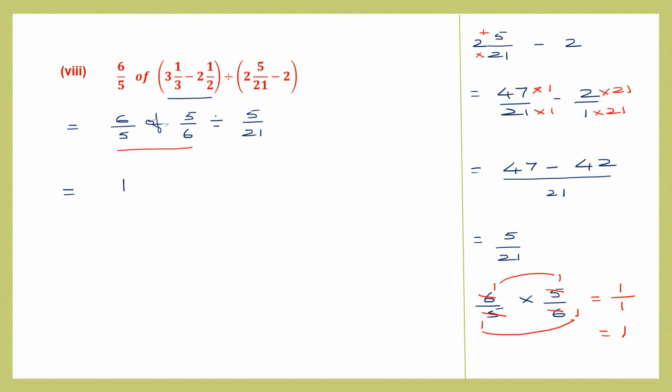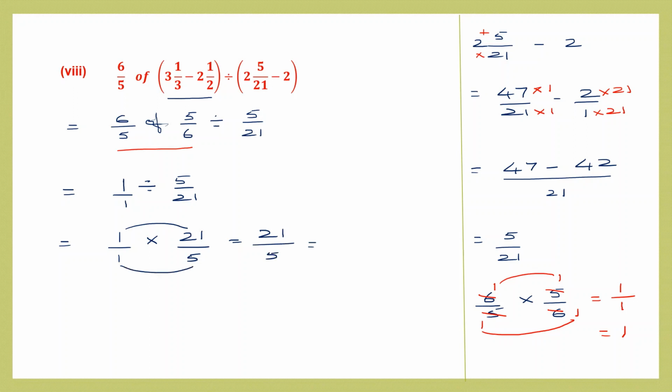So this will be 1 divided by 5 by 21. So 1 means 1 by 1. So let's do this division. 1 by 1. Division changes to multiplication. 5 by 21 will now become 21 by 5. So let's multiply the numerators. 1 into 21, 21. Denominators 1 into 5 is 5.